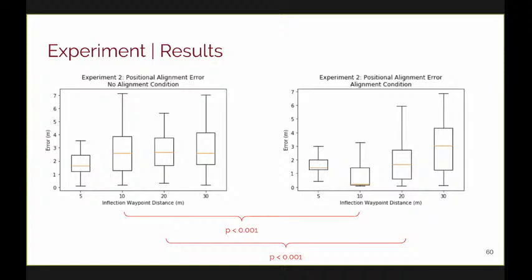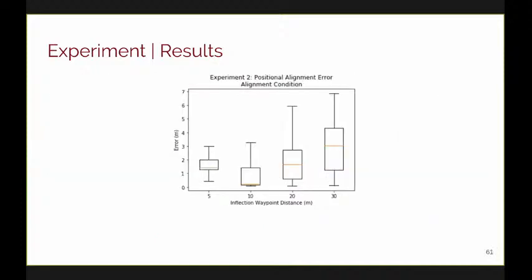There are a lot of things that we can draw from this. However, the thing I'd really like to point out is when we look at just the alignment condition for the positional alignment error. The 30-meter condition performs significantly worse than both the 5 and 20-meter conditions, and the 10-meter condition performs significantly better than all three of the others.